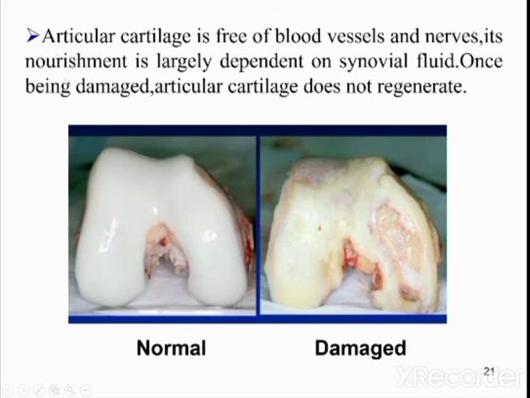Once damaged, articular cartilage does not regenerate. The left picture is normal, but from this picture we can see the articular cartilage is damaged.